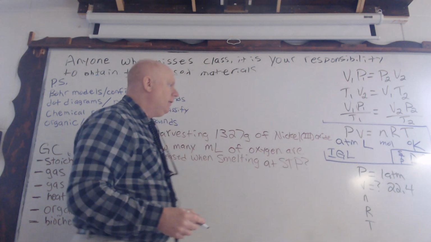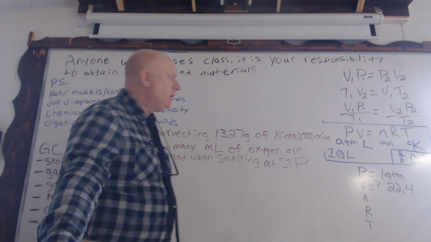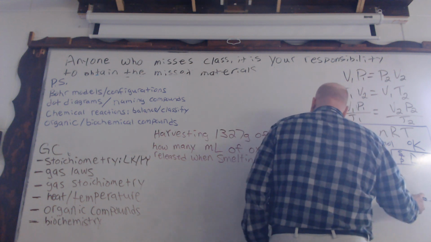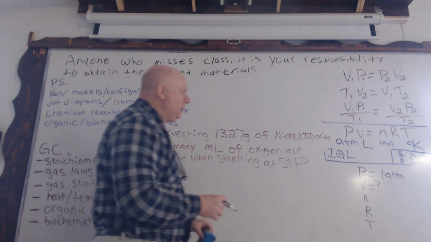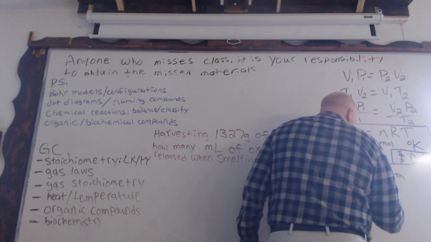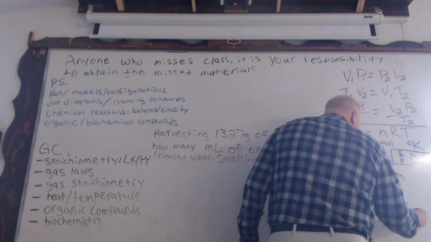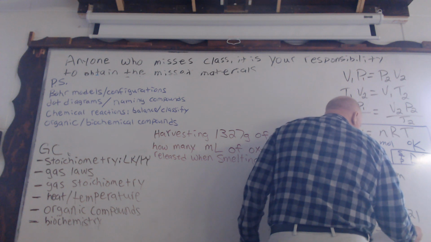That's not where that goes, because the question is asking how many milliliters. So that means you have to be looking for the volume. This value we don't know, of course, R is 0.0821, and then you said 273 degrees Kelvin.